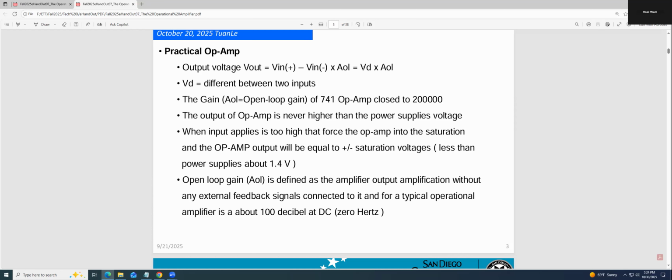Vin plus minus Vin minus, that will be VD. Okay? VD times the gain. VD is the difference between the two inputs, and the gain, A_OL, open loop gain, for the 741 is up to 200,000.